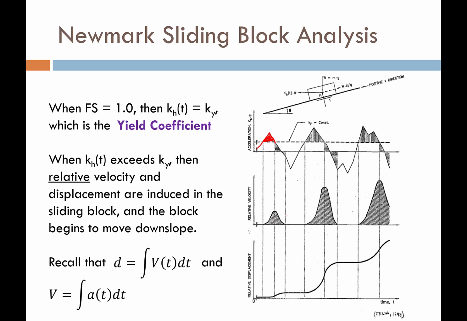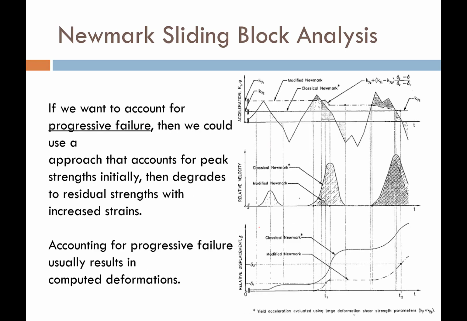So then once we have our relative velocities plotted, we can then integrate the area beneath those, and then we can come up with an estimate of displacement. So all the Newmark sliding block method is, is a method using integration to get all the way down to relative displacements of our blocks sliding on the slope.